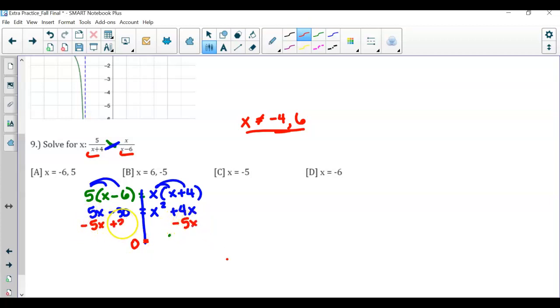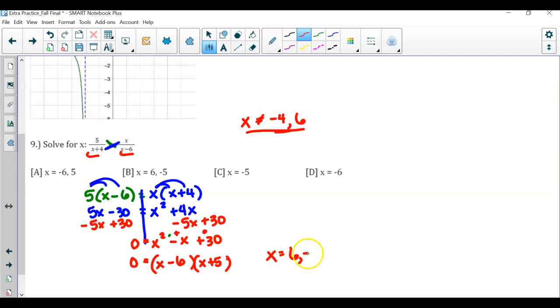I also need to add 30. So this means I've got x squared minus 1x, or minus x, plus 30. Now we can factor. What multiplies to get 30 and adds to get -1? -6 and +5, which means when we're solving here, that x is equal to 6 and -5.